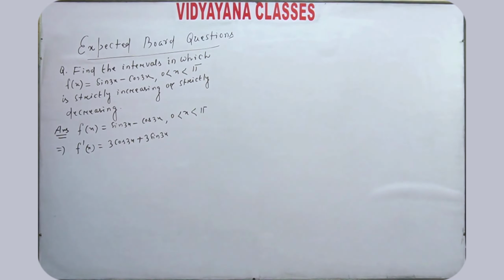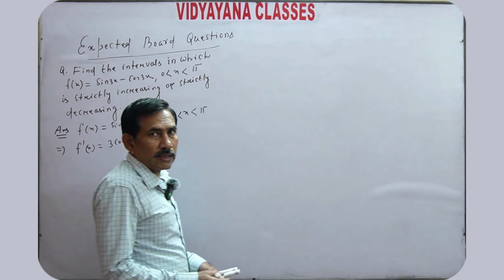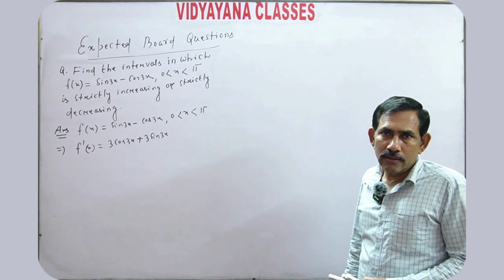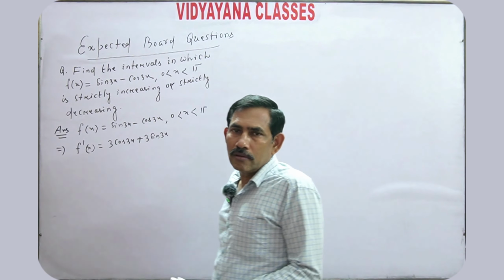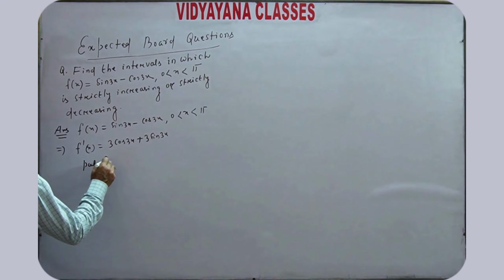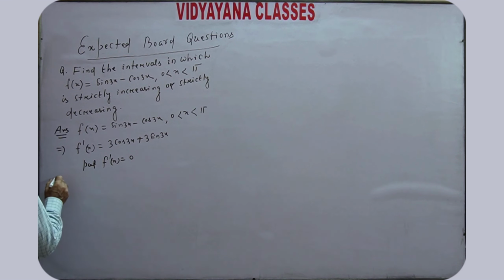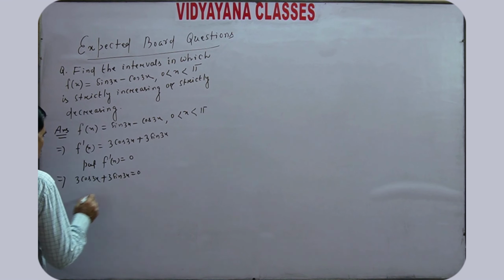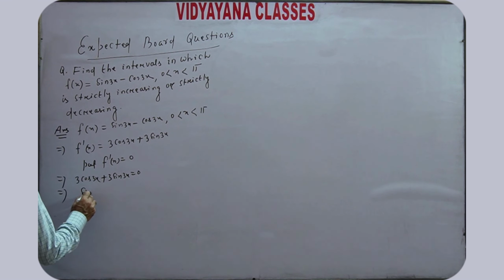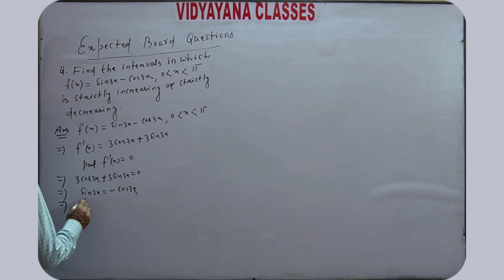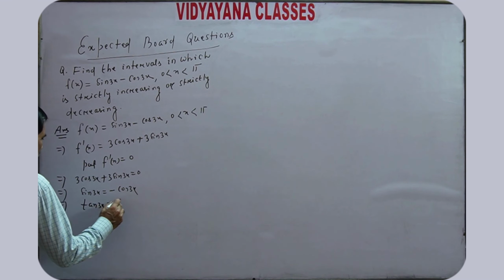Clear? The point at which the derivative is 0, at its neighboring interval, the derivative is either greater than 0 or less than 0. So put f dash x is equal to 0, which implies 3 cos 3x plus 3 sin 3x is equal to 0, which implies sin 3x is equal to minus cos 3x, which implies tan 3x is equal to minus 1.